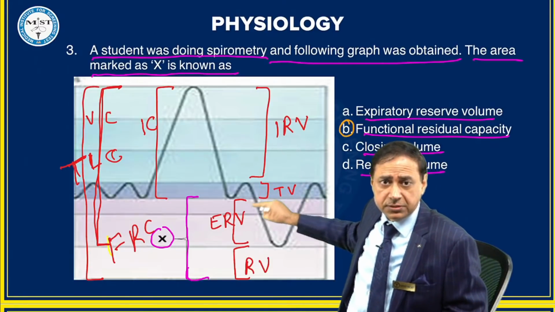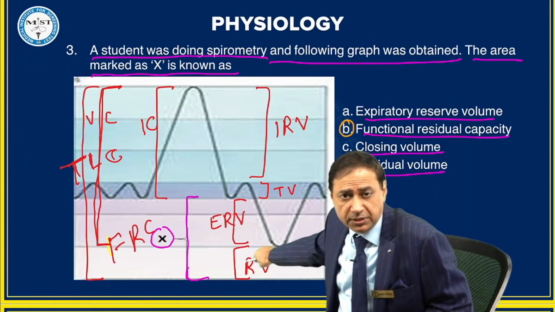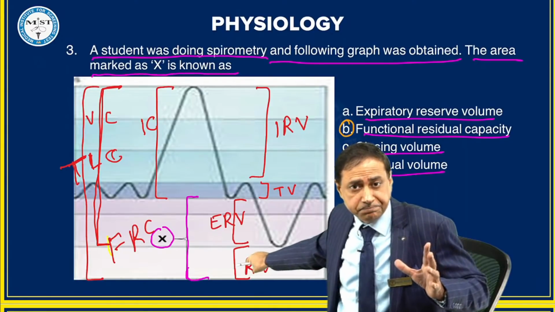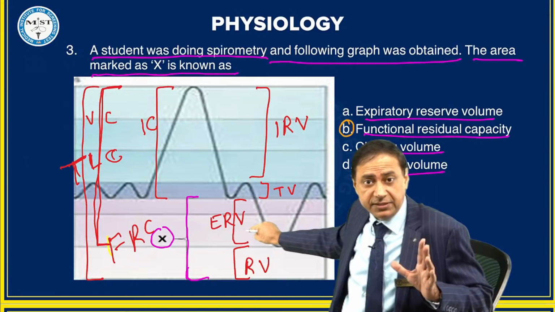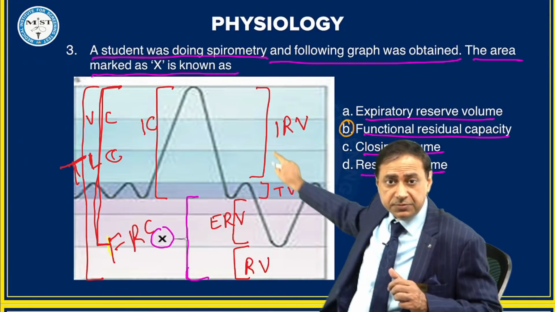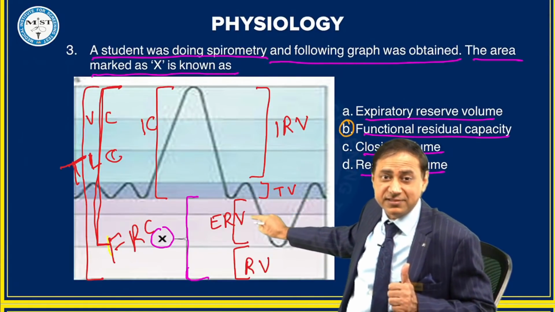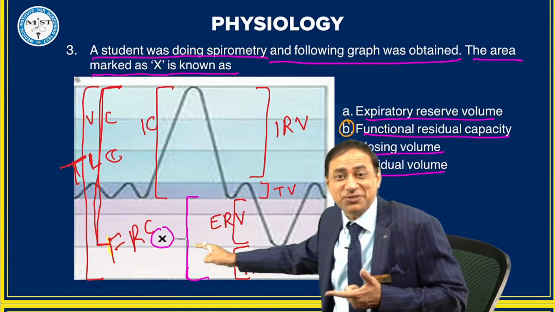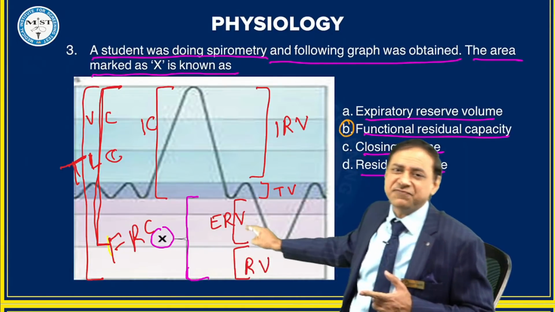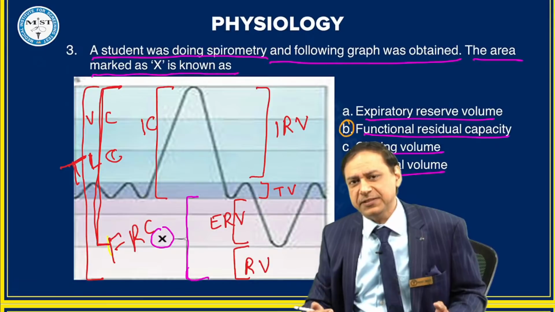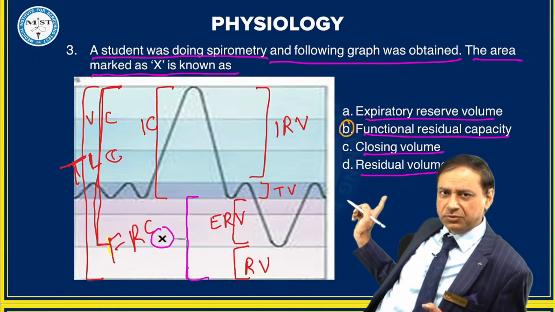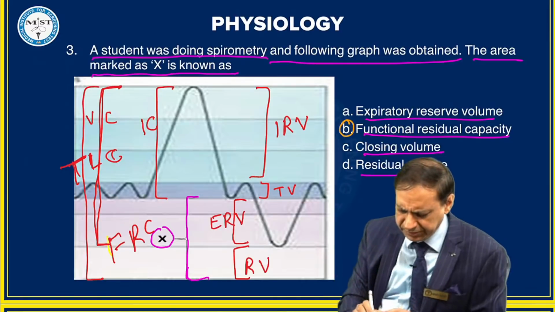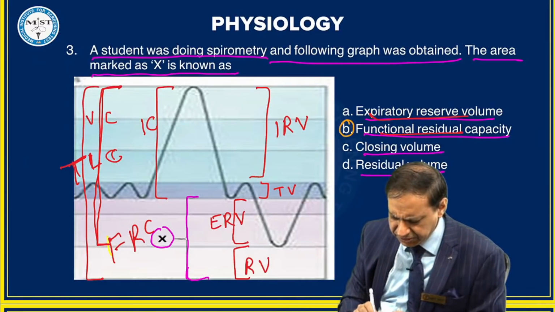This plus this plus this plus this is total lung capacity. This plus this plus this is vital capacity. This plus this is inspiratory capacity, and this plus this, which is the question asked here, is functional residual capacity. So I think now the answer is clear: expiratory reserve volume, FRC, residual volume.